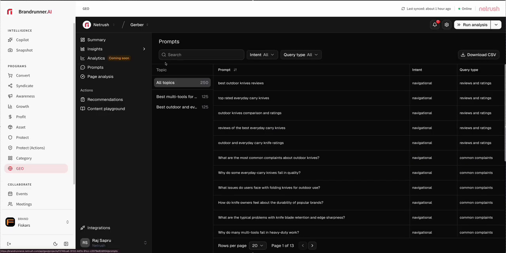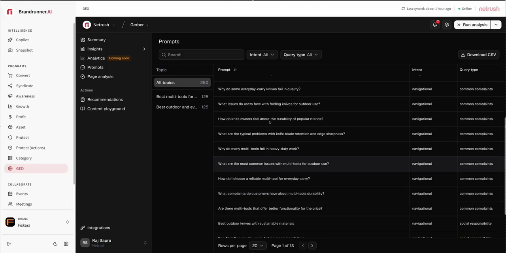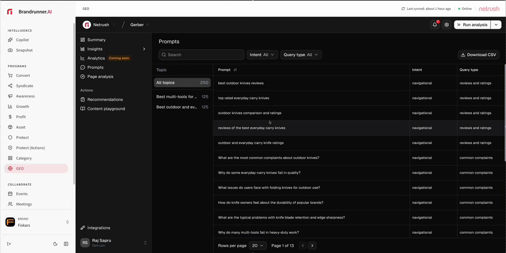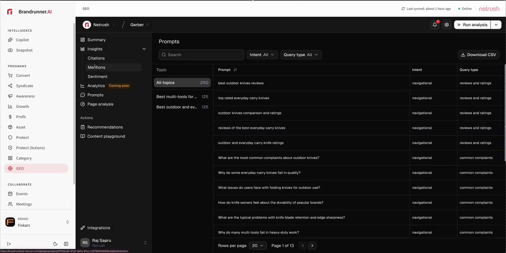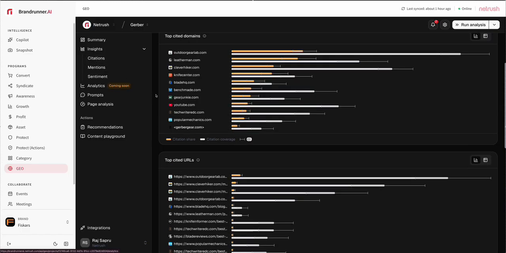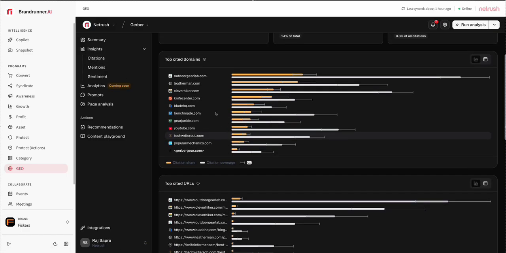A couple of prompts that were pre-populated are related to best multi-tools or best outdoor and everyday carry knives, and then a lot of prompts that the system has assessed and thought would be good to assess in the AI engines. We're just assessing one AI engine here, Gemini, but it can be assessed through all the major ones at the same time. What it does is pull the information into a few different areas.